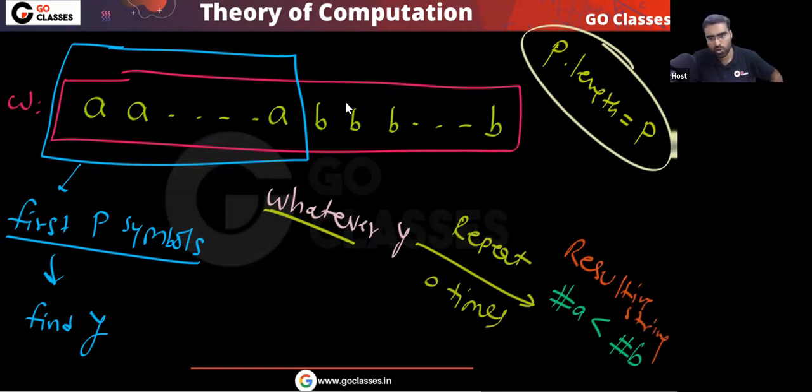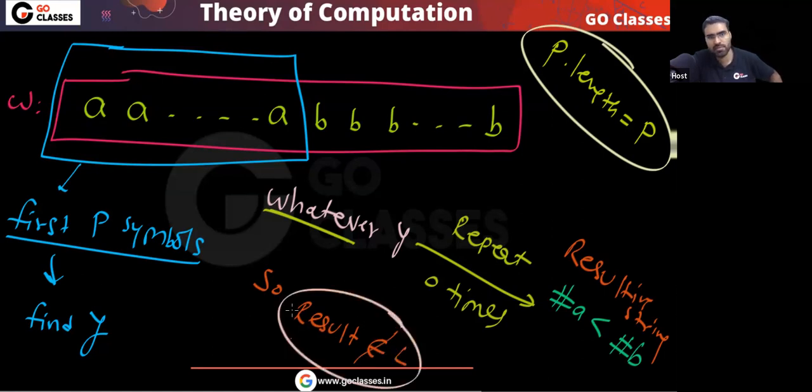So what can you say? This result does not belong to L. It does not belong to our language, because our language is a power n, b power n. Remember, whatever y you take, this string is not pumping.